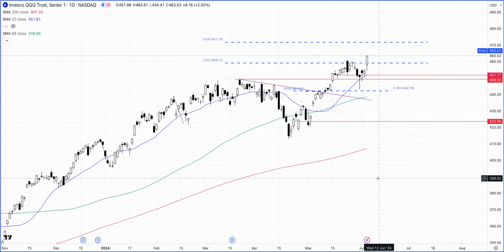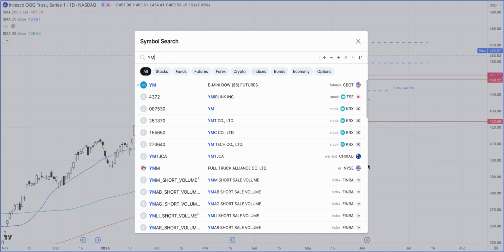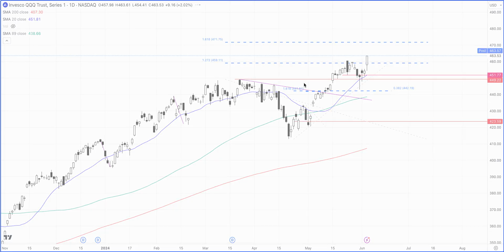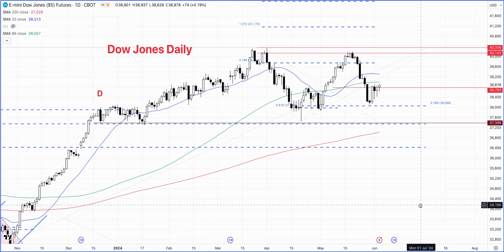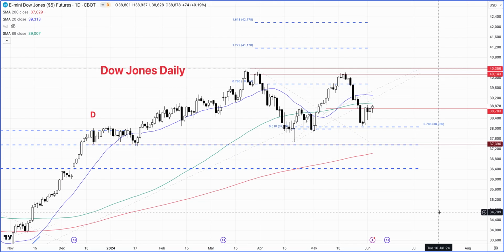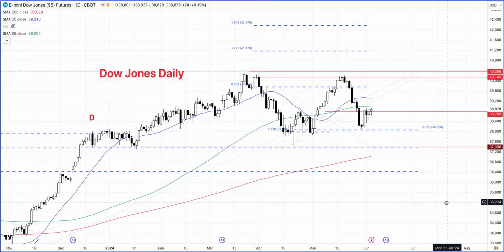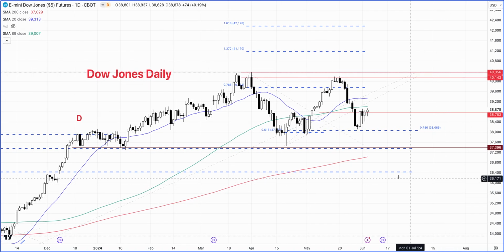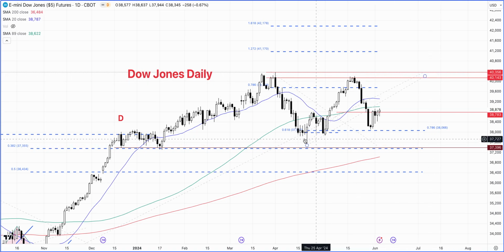Now let's take a look at the YM Dow Jones cash index. We already took a look at it. So here we go. This index is doing something very, very different. You have seen the NASDAQ 100 making new all-time highs. S&P 500 cash did the same. Futures, well, it's very close. So what's happening here? It's just a big trading range.